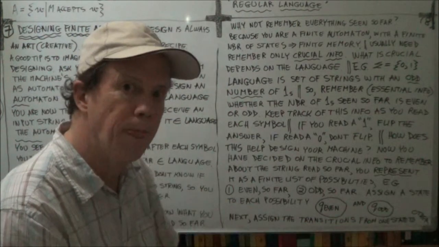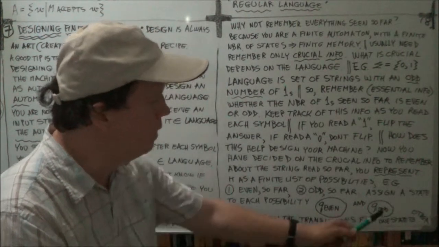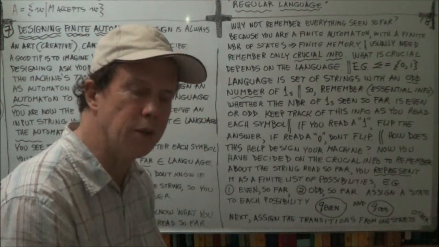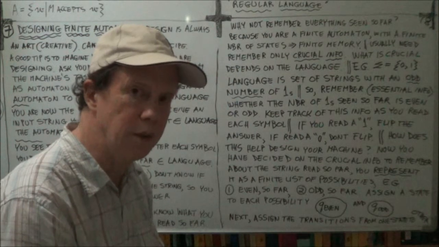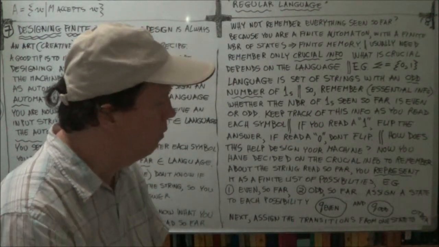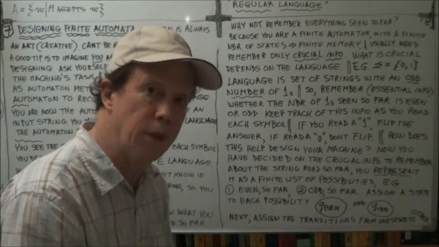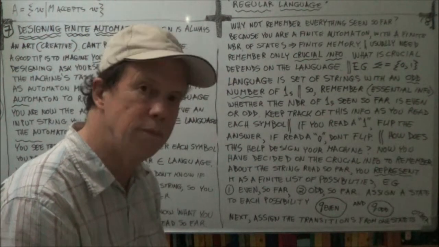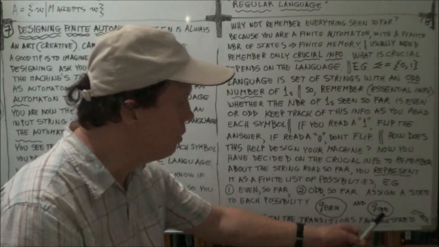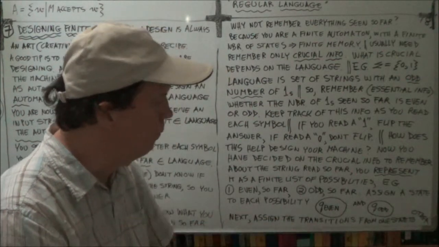Okay? And similarly, if you're in state odd and another 1 comes in, your current symbol that you're reading, you being the automaton, well, now you have an even number of ones in your input string. So you need to switch from odd to even.